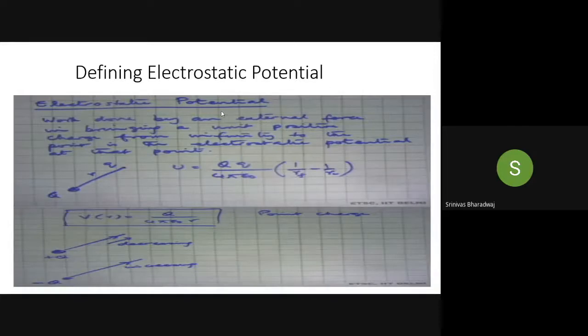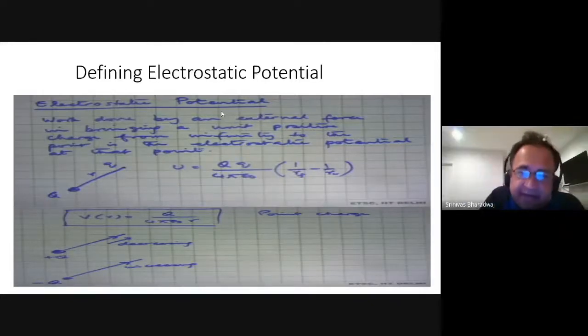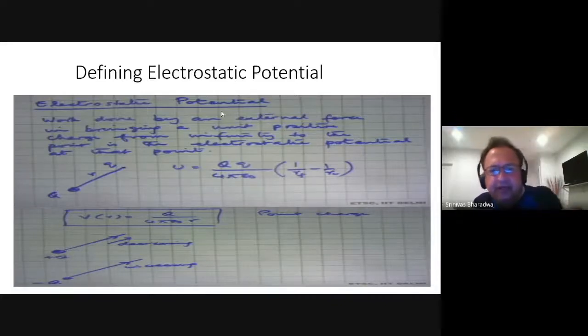Now we also introduce the idea of a potential difference. The potential difference between two points in a particular electrostatic field is Q by 4 pi epsilon naught r1 minus Q by 4 pi epsilon naught r2.